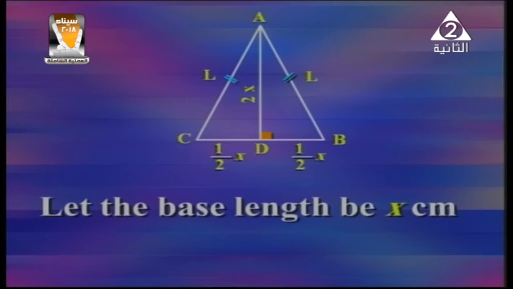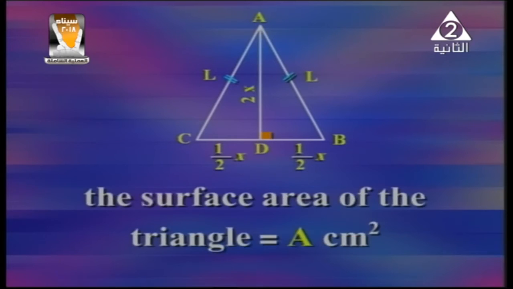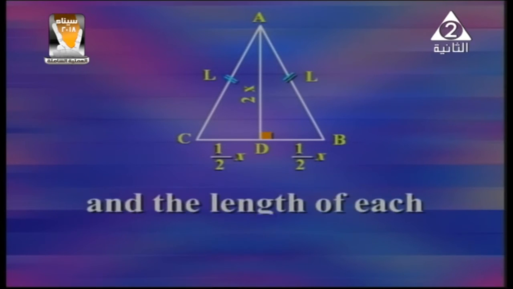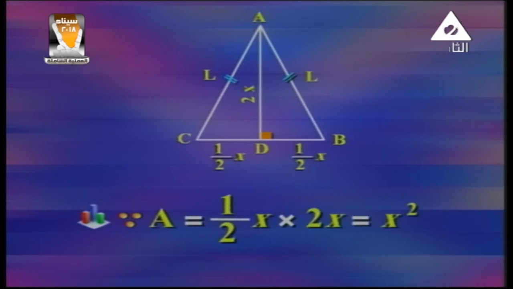Let the base length be x centimeters. The surface area of the triangle is represented by capital A centimeters squared. Then also the length of each side equals L. What do you mean by area?